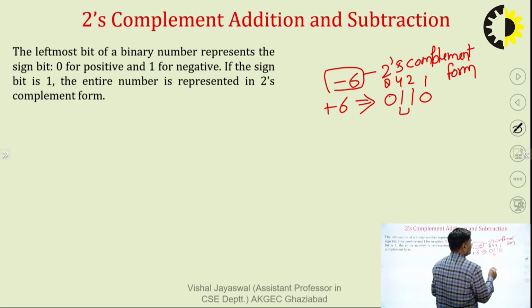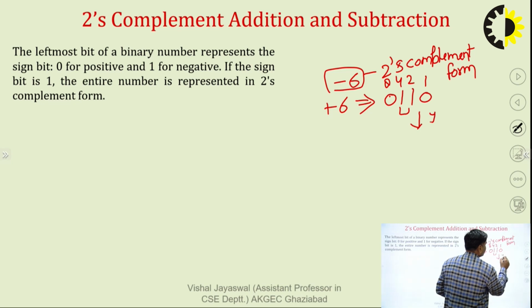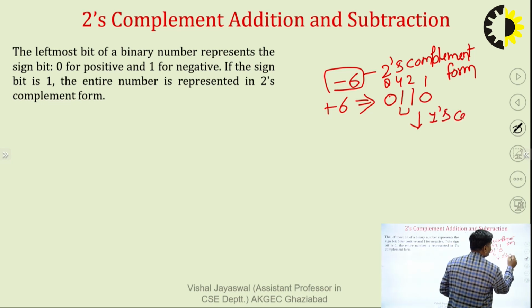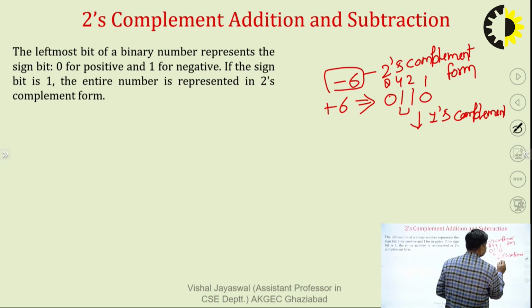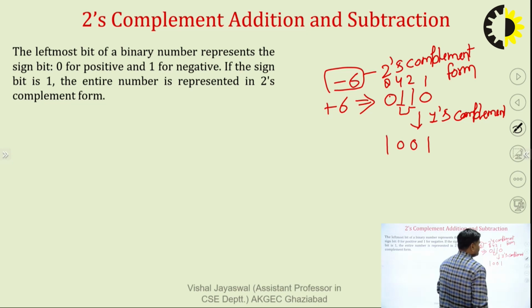Then we take the 1's complement of this number. It means the bits are inverted from 0 to 1 and 1 to 0. This 0 becomes 1, this 1 becomes 0, then this 1 becomes 0 and this 0 becomes 1.